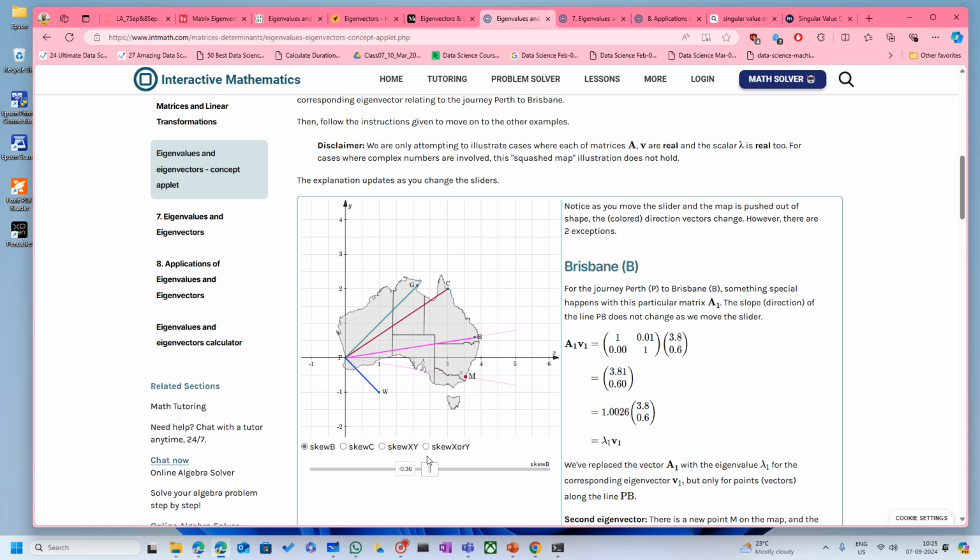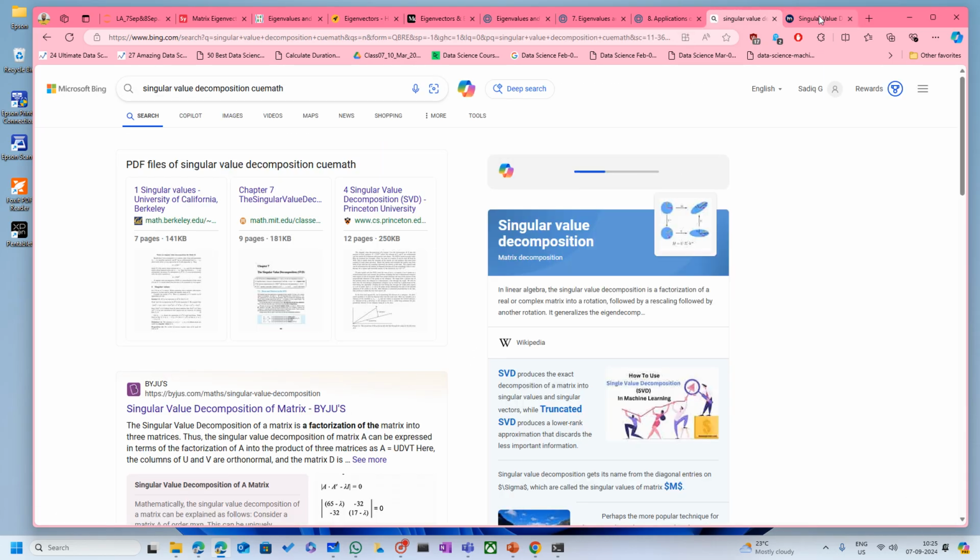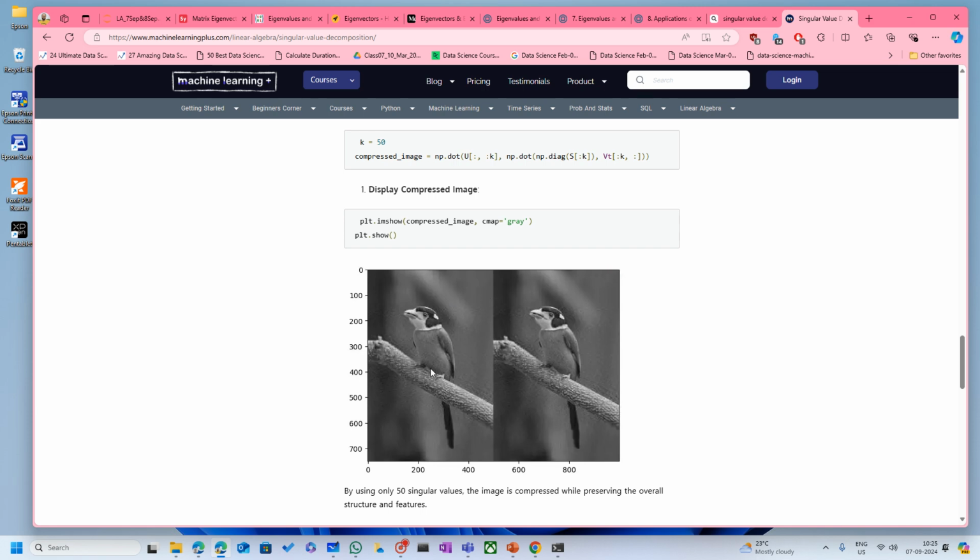Now, how do I use this eigenvector? Where do I use it? Let's just say you have a photo. Although I'm using singular value decomposition here, eigenvectors are still applied. Let's say you have an original image. Images are nothing but matrix values, and matrices are nothing but vectors.